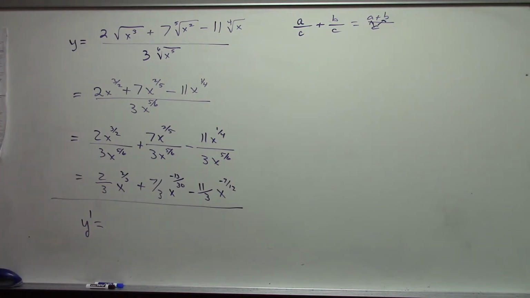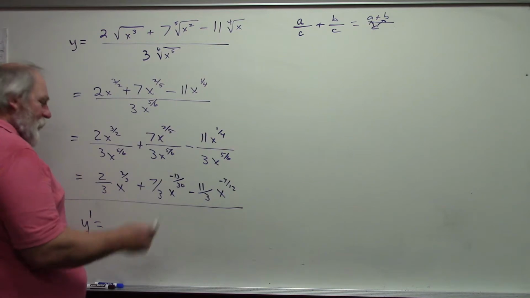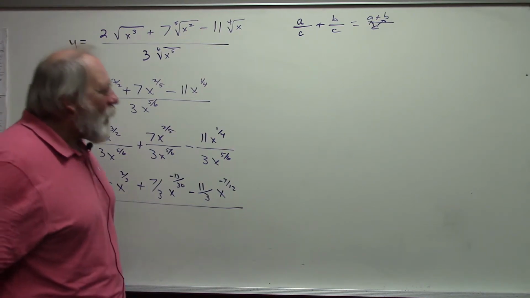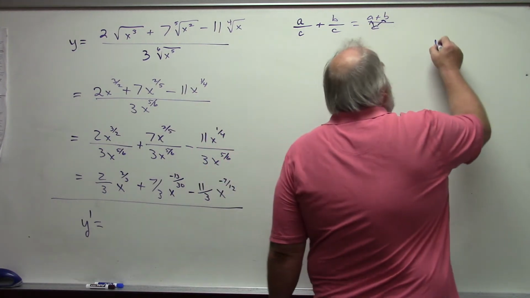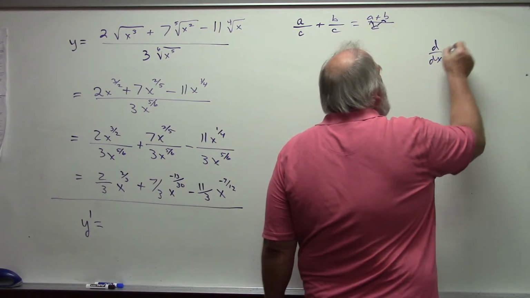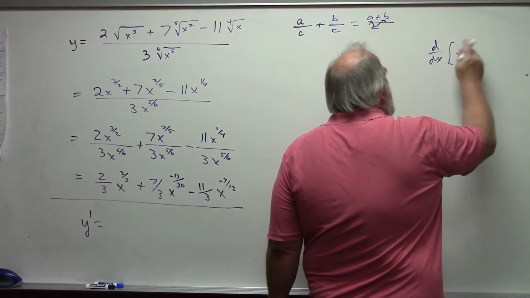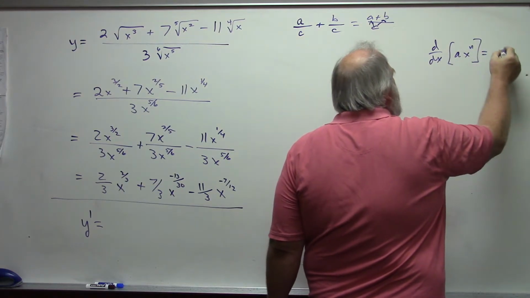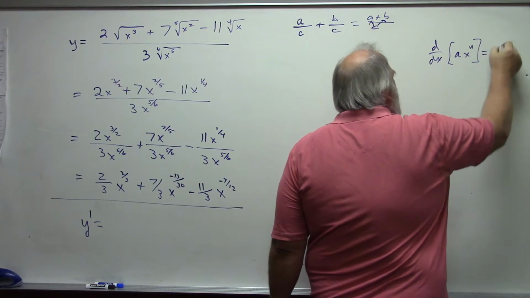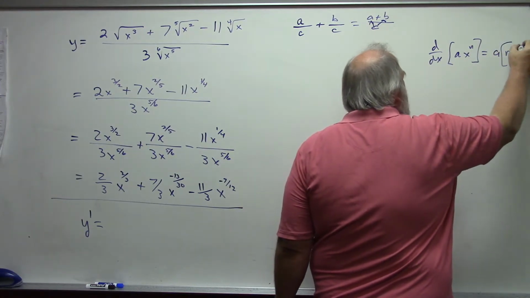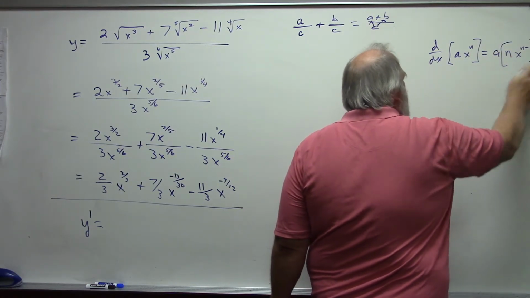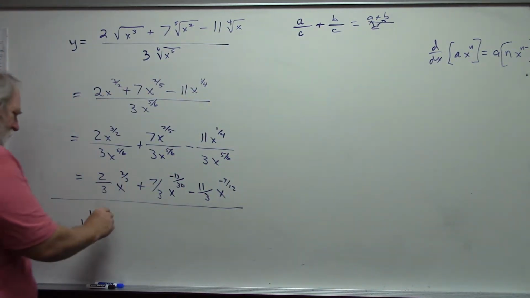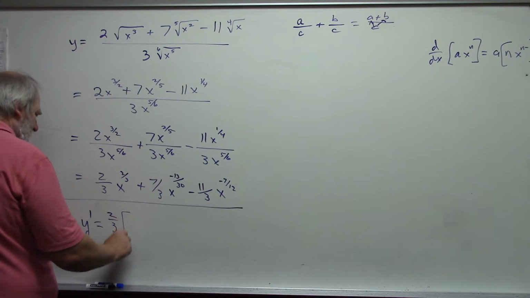So now I can take the derivative using my general power rule: the derivative of a times x to the n is a stays, and the derivative of x to the n is n times x to the n minus 1. So in this case, the 2/3 stays.